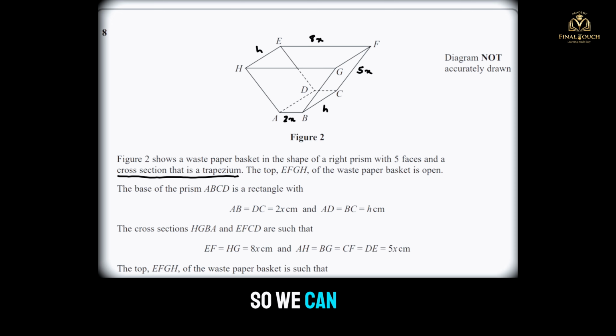We can form a triangle out of this cross section. If this is the triangle, this would be the height, which is given as h. And this part is definitely going to be 8x minus 4x.